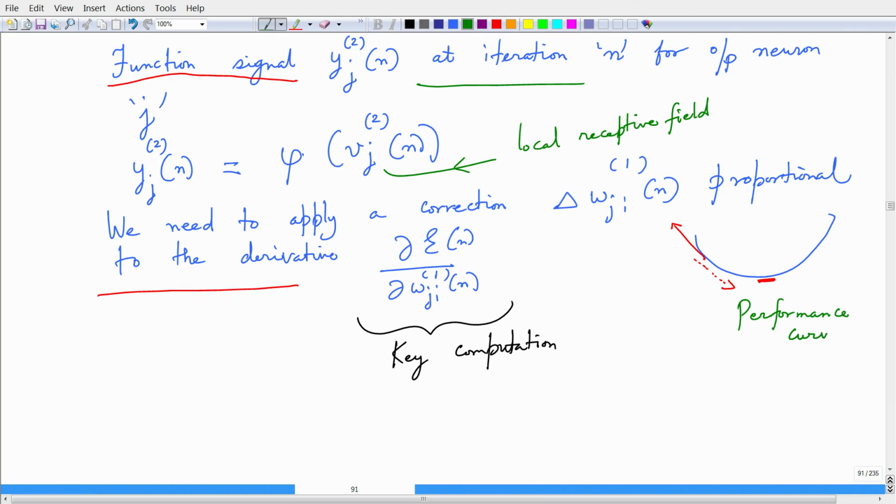So, I will talk about these gradient descent techniques.